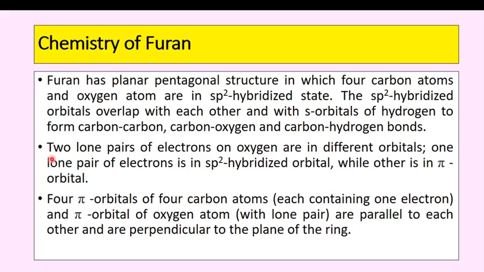Oxygen has one lone pair of electrons in an sp2 hybridized orbital while the other is in a pi orbital. The pi orbital of the oxygen atom with its lone pair and the carbon p orbitals are parallel to each other and are perpendicular to the plane of the ring.